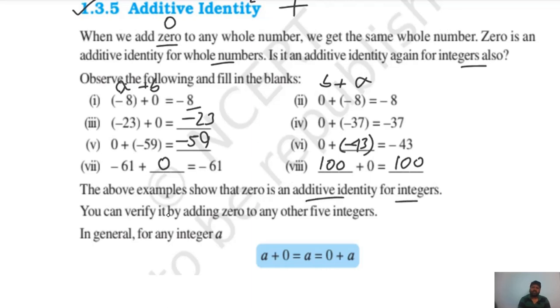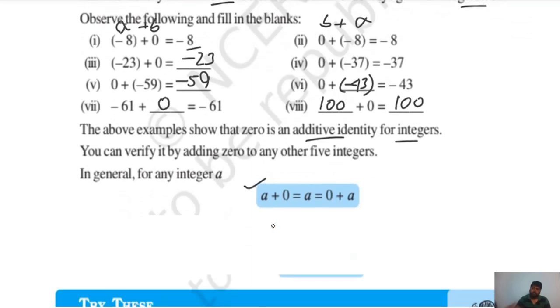We can verify it by adding 0 to any other 5 integers. You can verify this. In general, for any integer a, a plus 0 equals a, and 0 plus a equals a. That means by the commutative property, a plus 0 equals 0 plus a, and the result is a.